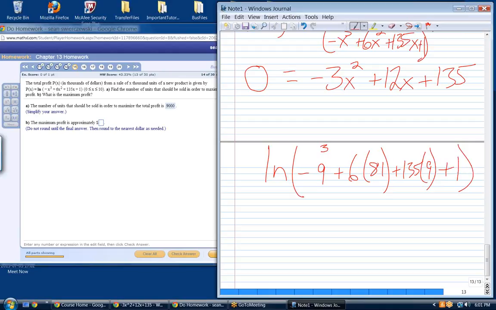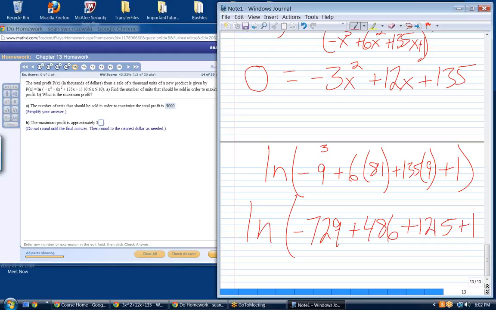What's 81 times 9? 729. So we have the natural log of minus 729 plus 486 plus 1215 plus 1.